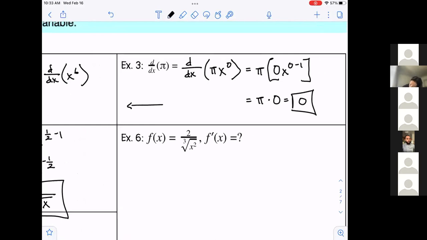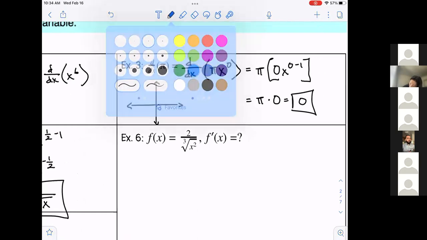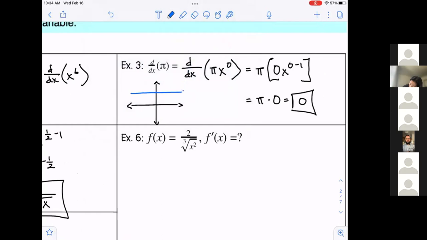Now, I'm wondering though, because we haven't gotten an answer of 0 out yet, if we were to draw a little picture of the function pi, what does that function look like? Yeah, I agree. It's a horizontal line. In fact, this is at y equals pi.